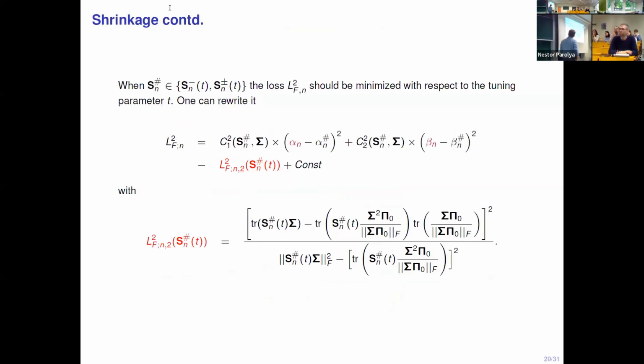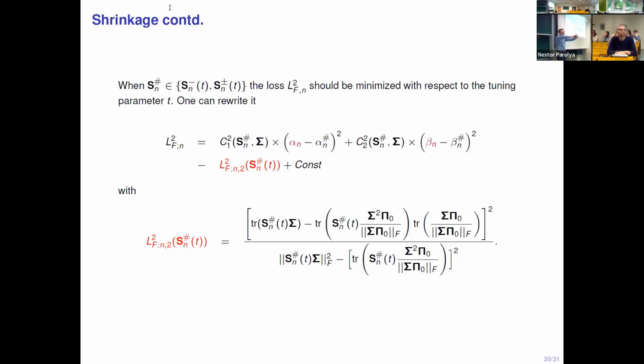All right. What is nice with quadratic loss functions is that you can build a full square. So I can build a full square in alpha and in beta, and I get the rest. If I build the full square here, these functions C1, C2 are independent of alpha and beta, and they're positive. So the rest is a constant plus this function, which depends only on the penalty.